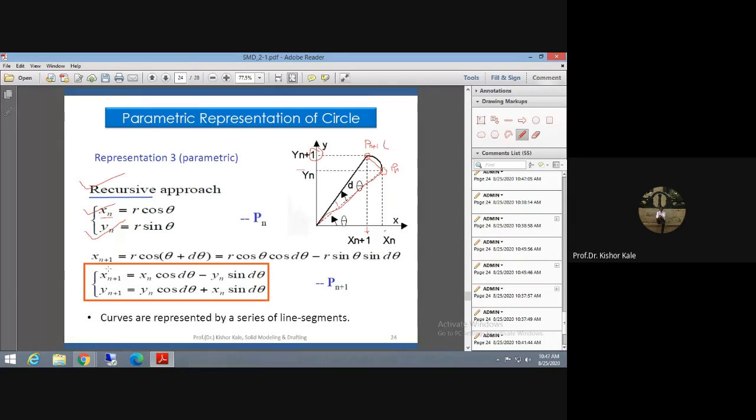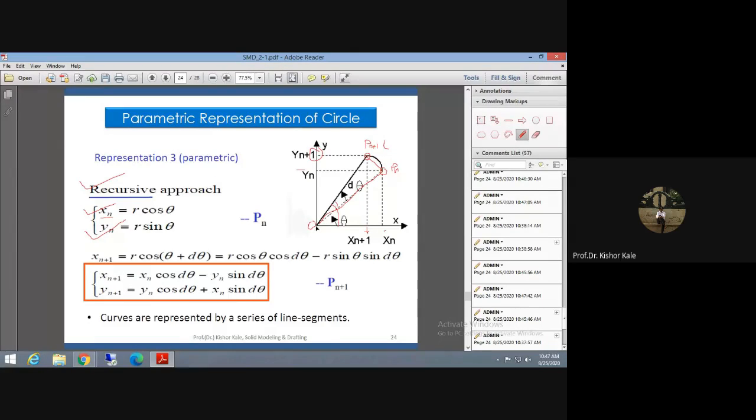So what will be xn plus 1? What would be the angle made by the radius O to Pn plus 1 with respect to the x-axis? Initially this was theta and this is d theta.